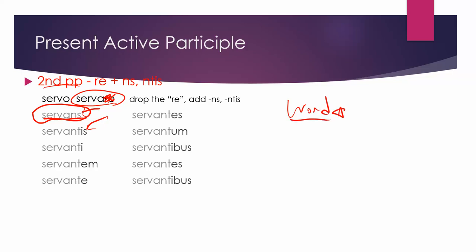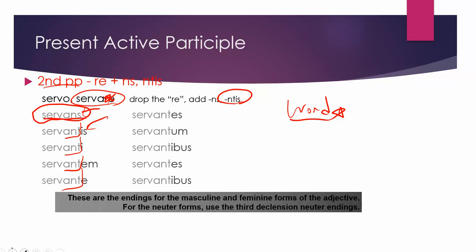After that, we need this 2nd part, which is forming the genitive as the stem. Notice it's servantis, servanti, servantem. We've added that T into the stem. These are the masculine and feminine forms of the adjective. I'll show you the neuter forms momentarily.